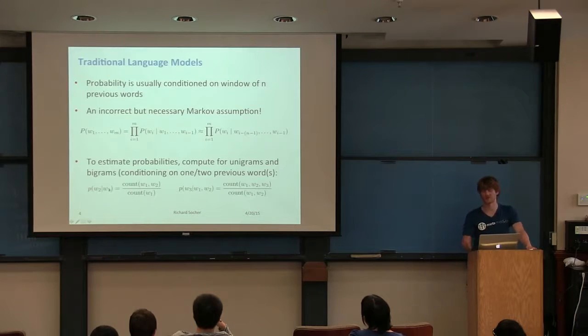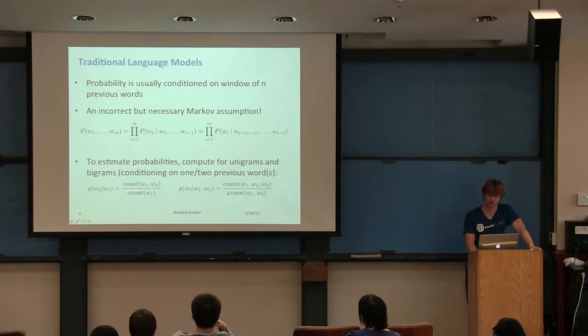Well, if that window is just a previous word, so it's basically taking counts of bigrams, then you would just take the counts of how often you see word 1 followed by word 2 exactly in that order in your entire corpus, and then you divide by the number of times you saw the first word. And that will essentially give you the probability for the second word given the first.